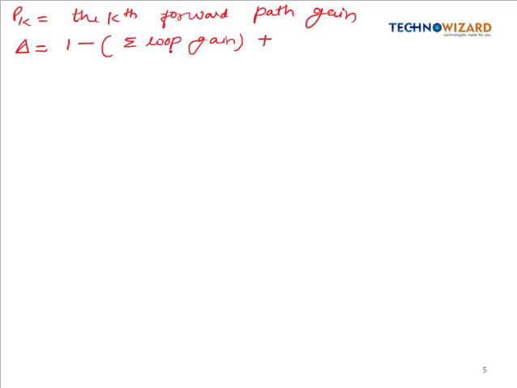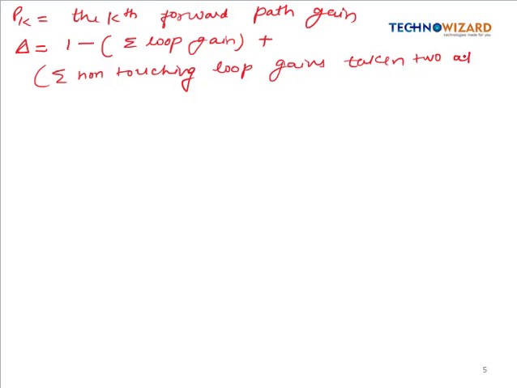Now this will be plus the summation of non-touching loop gains taken two at a time, then minus the summation of non-touching loop gains taken three at a time, and so on.